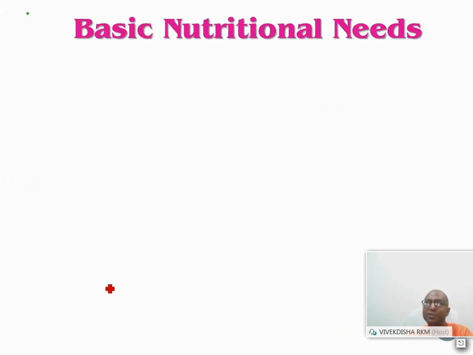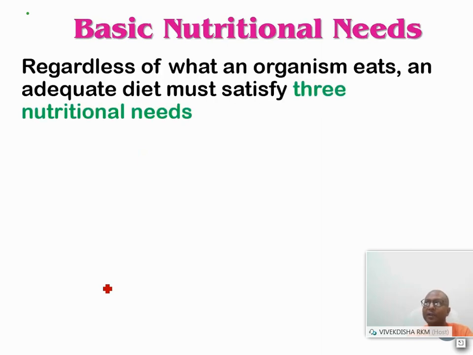If this is nutrition, there are some fundamental needs of nutrition. Why should we go for nutrition? So basic nutritional needs of any organism, we will find three things are required, as we mentioned in the definition. So from there also we can derive.